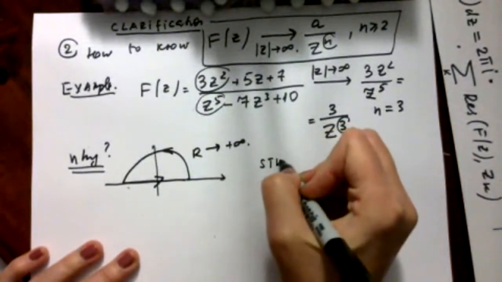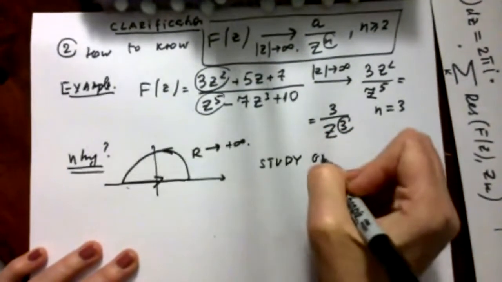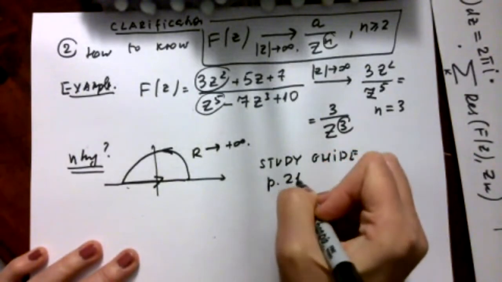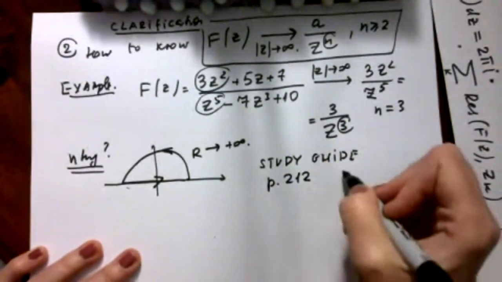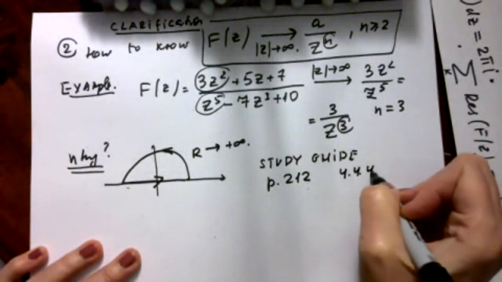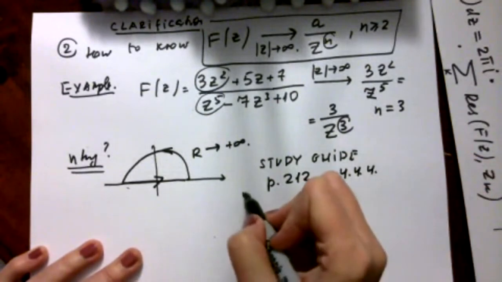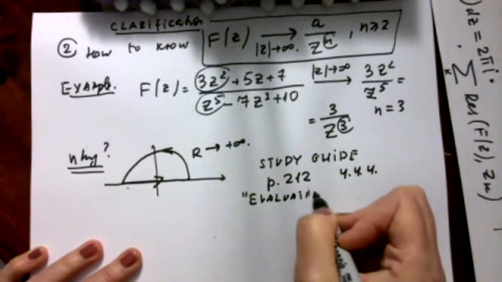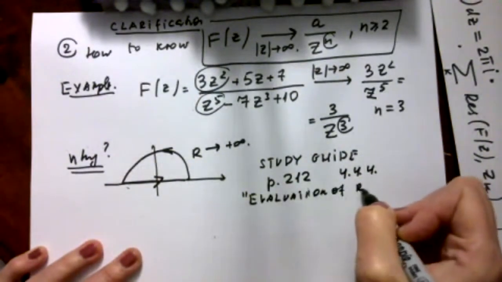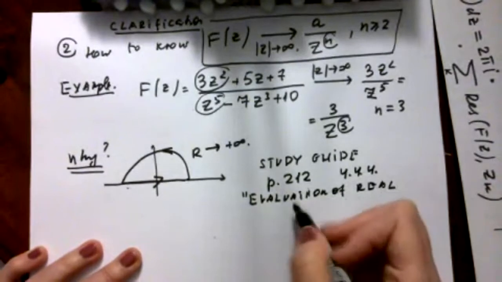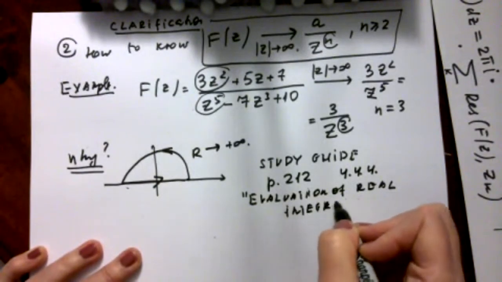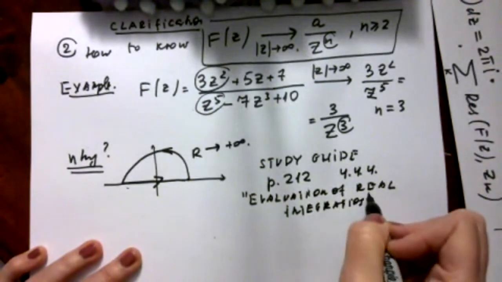I think the best idea is to turn to your study guide, page 212. There is a section 444 which is called evaluation of real integrals. In the very beginning of this section, the justification of these techniques is given to you.